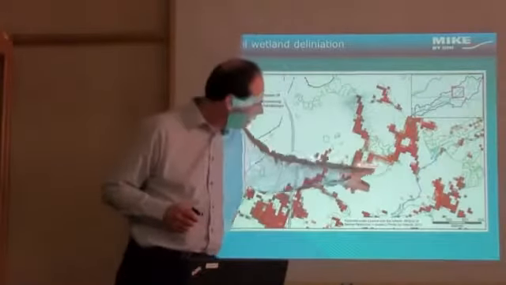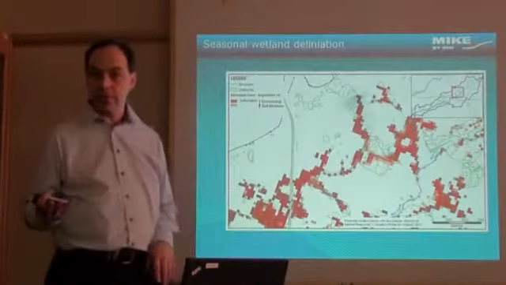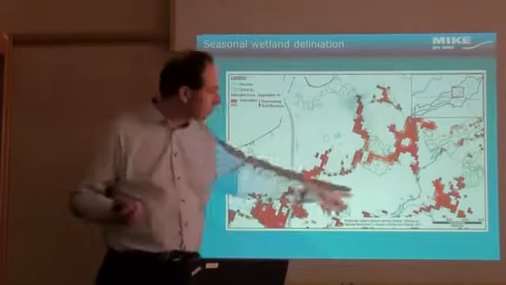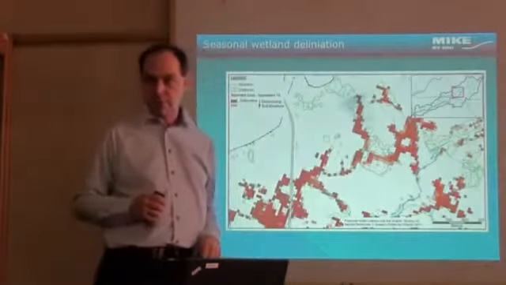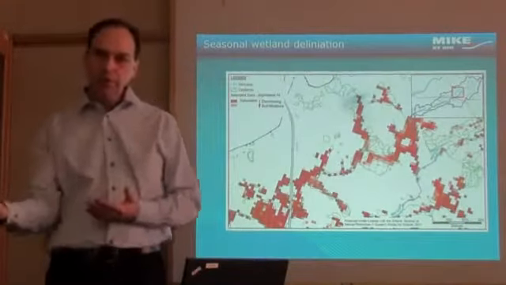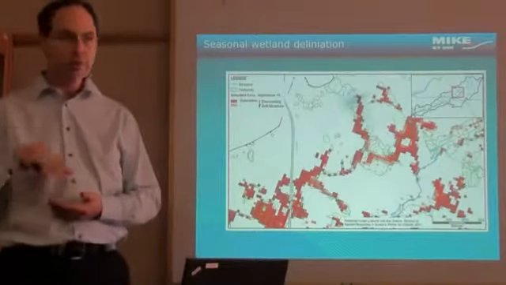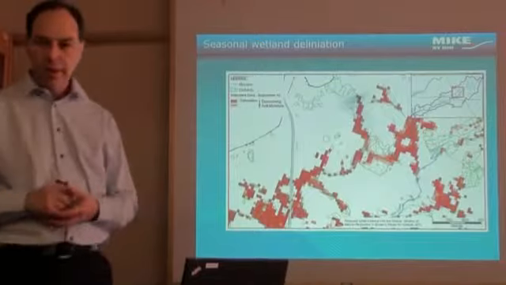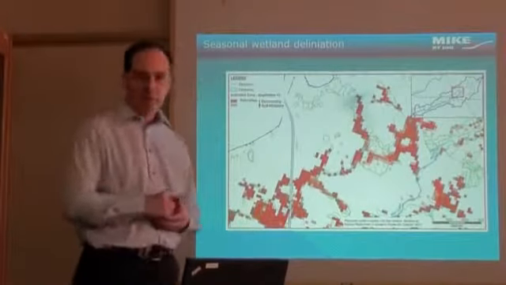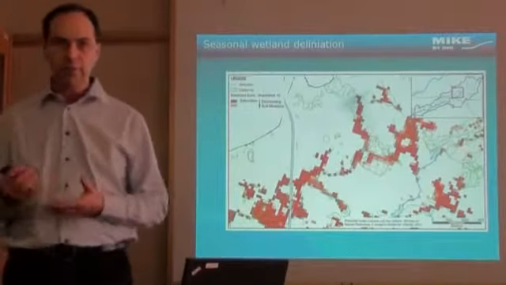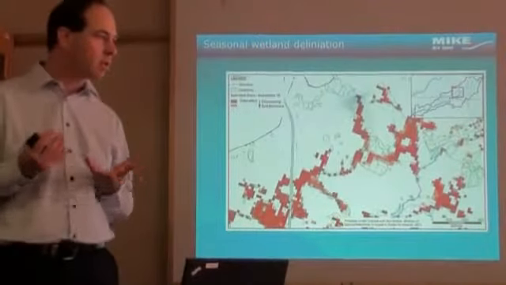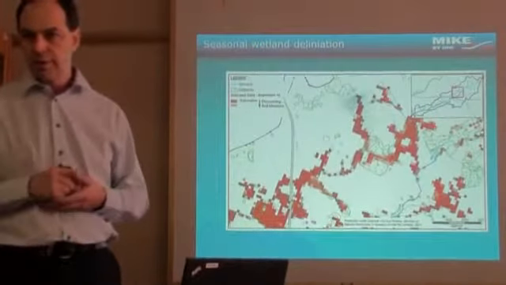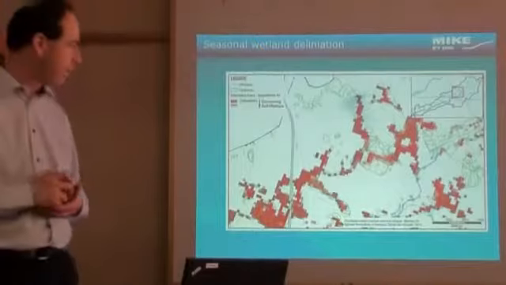And in fact, these areas here actually become recharge areas. So if it rains in the summer, these are recharge areas. And so there's a complete switch from a discharge to a recharge area over the course of the seasons. And you can pick that up and capture that in a fully integrated catchment model that includes land surface processes and evapotranspiration properly in the model.